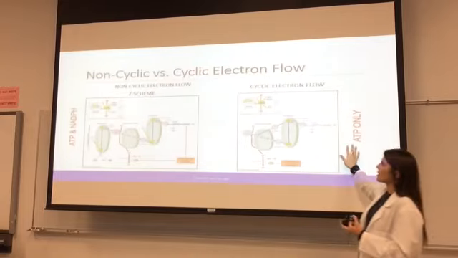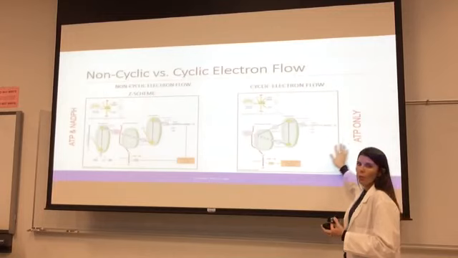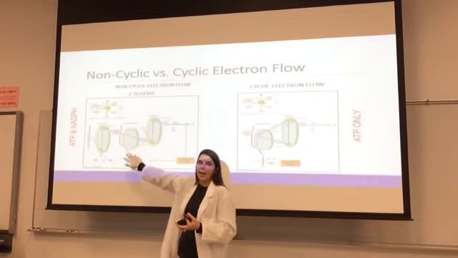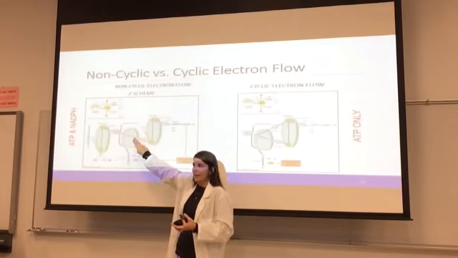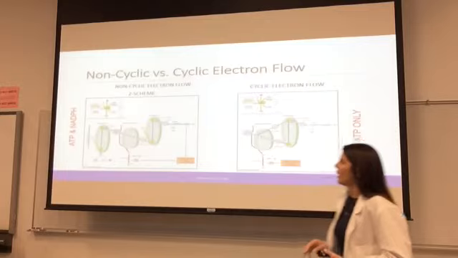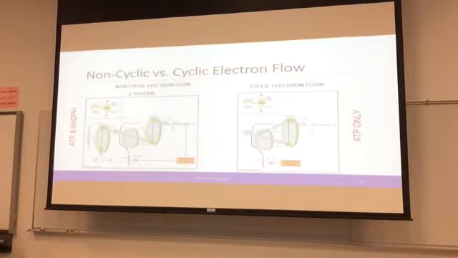The major difference is if it's following the cyclic electron flow, we're only making ATP. If it's doing non-cyclic, we're making ATP and NADPH. So that you can see the straightforward differences between the two. Questions so far?